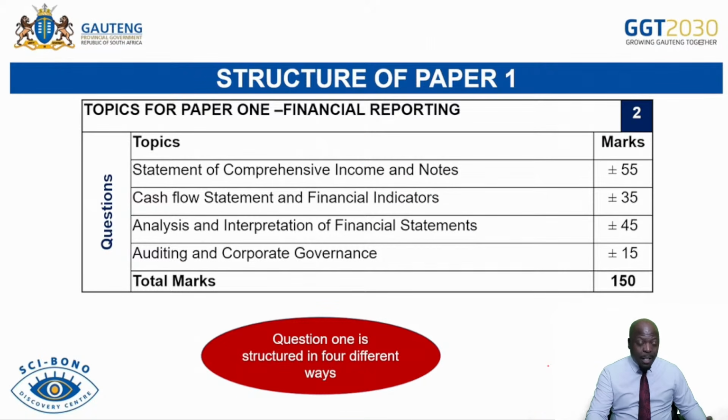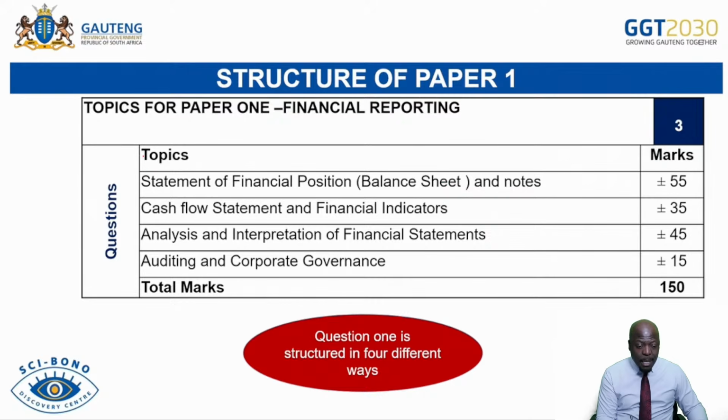The next one is option number 2. Again, the bottom ones remain constant, but now you have the statement of comprehensive income and notes. Remember, possibility number 1 was the statement of comprehensive income together with the statement of financial position, but the second option is the statement of comprehensive income with notes.